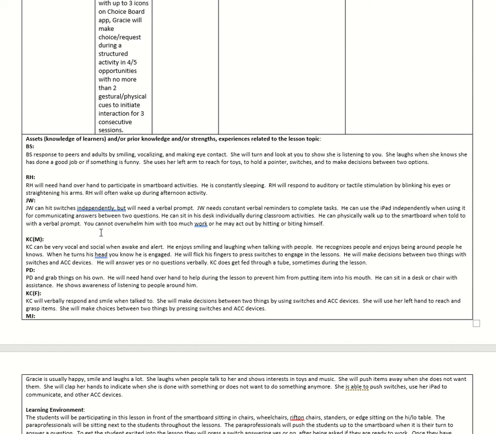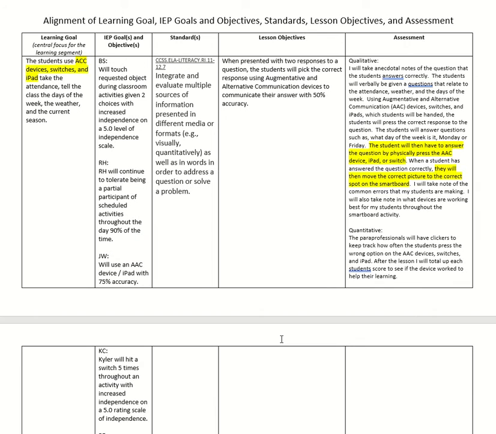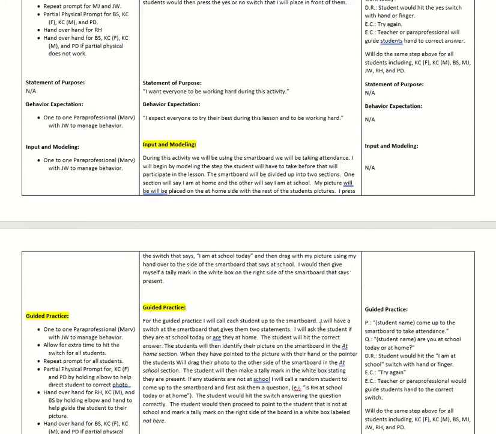Here she has her prior knowledge of the learners listed, just to remind her, as she's writing her lesson, what she needs to do to make sure that the design of the lesson plan is universal for all students. So yes, I think she did a really good job of considering each student and what they needed to be successful in the lesson.